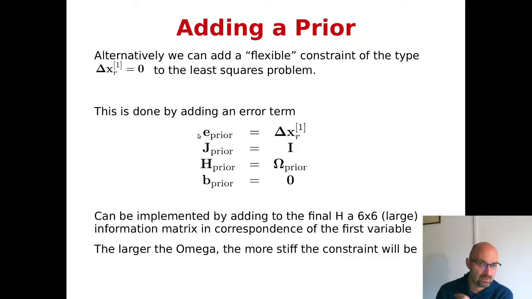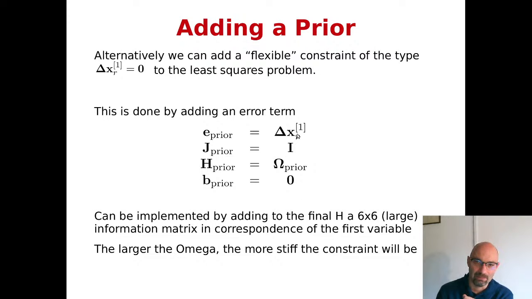Observe how the error of the prior is defined. The error of a prior of a robot position, of course, with box plus, e of x box plus delta x, in this case I just defined it to be delta xR. I just defined it to be the perturbation.